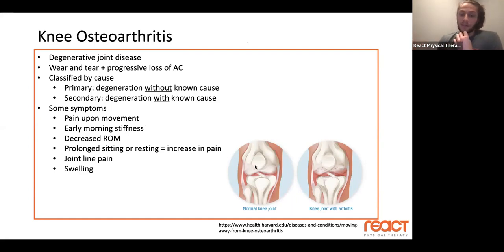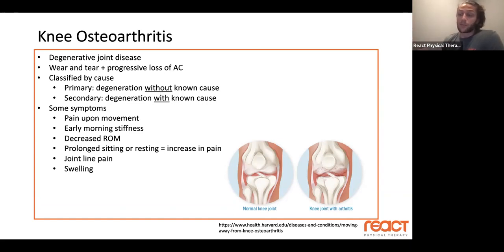Osteoarthritis is degenerating inside the joint. That articular cartilage is degenerating, and what's underneath that articular cartilage is really just bone. Now you have bone on bone rubbing against each other, and that's causing irritation in the area. So that's what the primary category is involved with. We just don't really have a good reason other than wear and tear as a descriptor.